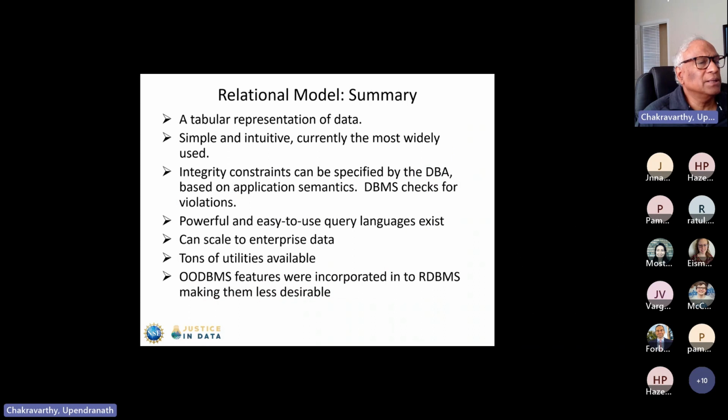So to summarize the relational model, it's a tabular representation of data. I think the reason why it is popular and widely used is that it is very simple and intuitive. You can support integrity constraints. This is another thing that is important because, once you put inconsistent or incorrect information into a database, it stays forever.